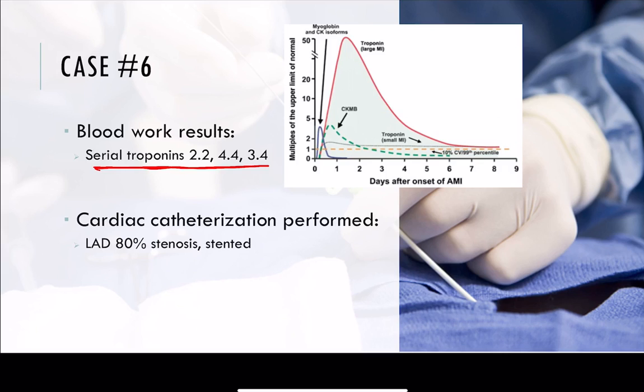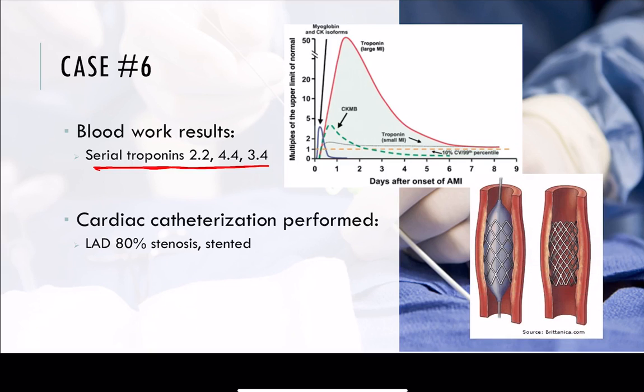So his cardiac catheterization revealed that his left anterior descending artery was 80% stenosed, and they put in a stent. So if you remember an angiography with stent, they thread a balloon up into the vessel where the atherosclerosis is. That balloon has a metal wire mesh around it. When the balloon inflates, it stretches the wire mesh.